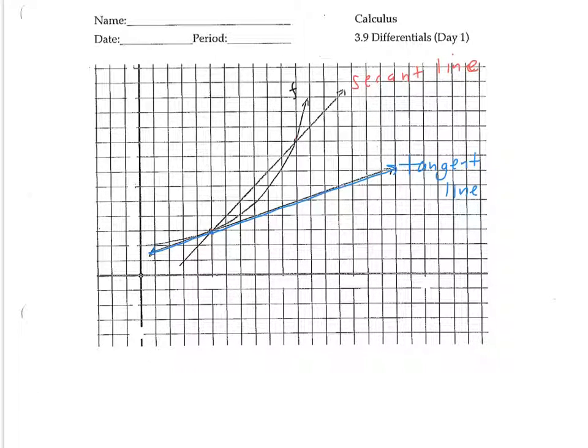Now, if we take a look on the x-axis at the place right directly below our point of intersection, we're going to label that x value with just x. This right here is our y-axis.